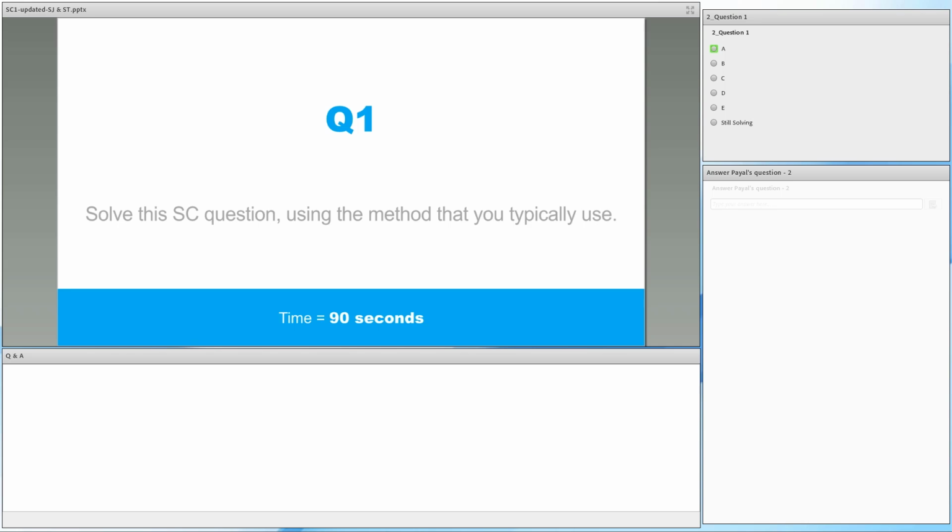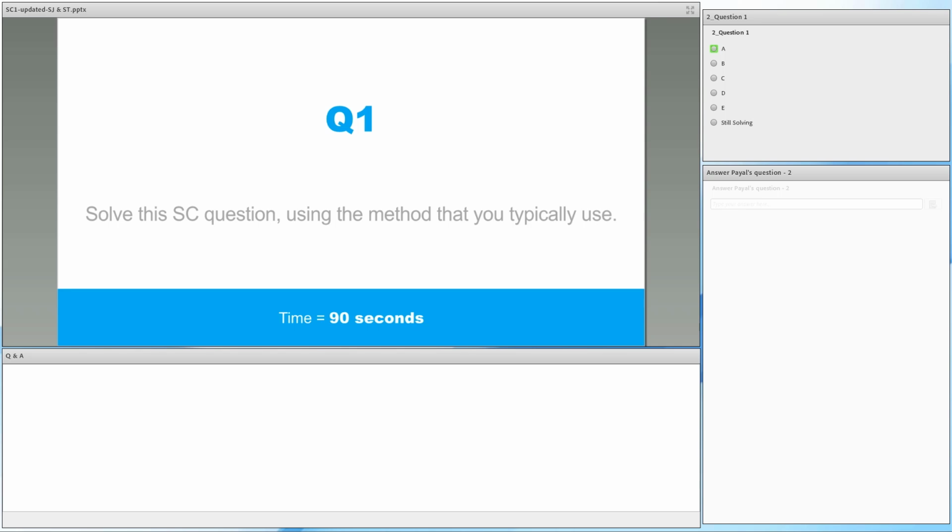Let's get about 25 more people to click on still solving, and then we're going to go ahead and move forward. We're almost there. The way we're going to do timing with this, typically we want you solving SC questions in about 90 seconds, but I'm going to go with the pulse of the class here. I'm going to wait until about 50% of you have answered the question.